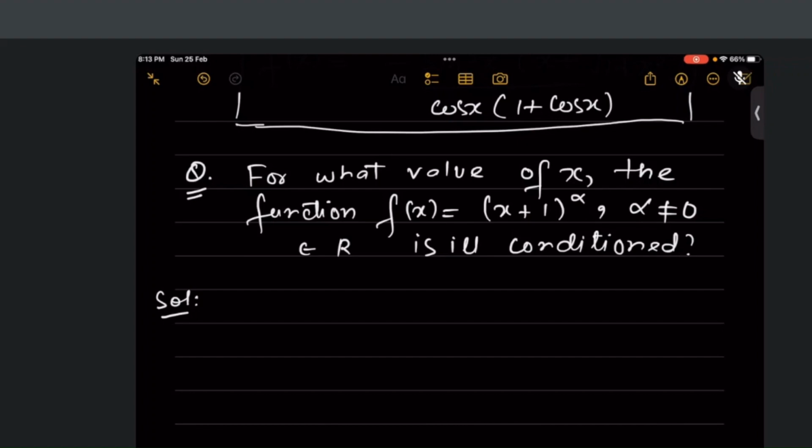Tell me the expression you are getting for this condition number.